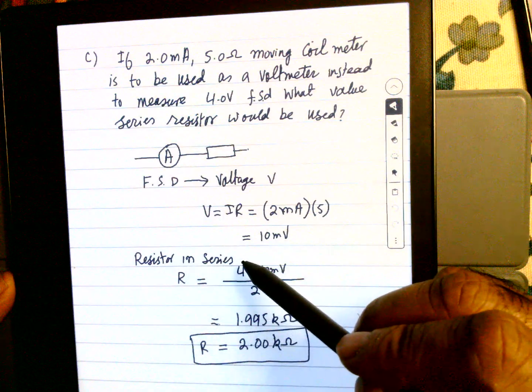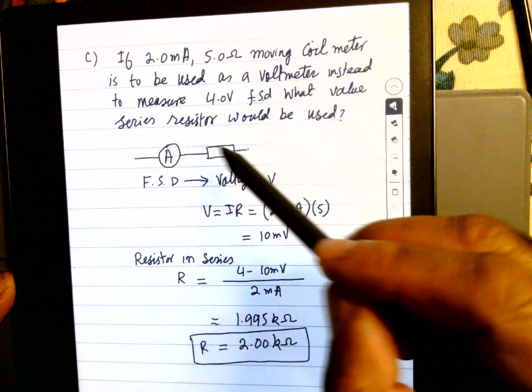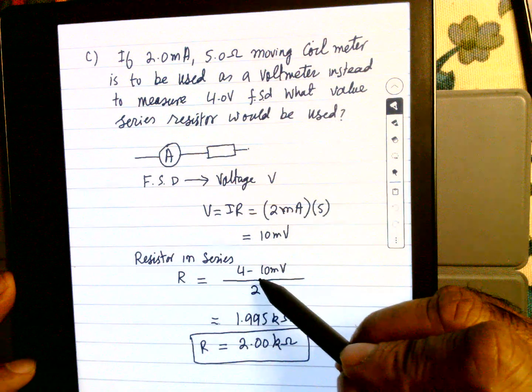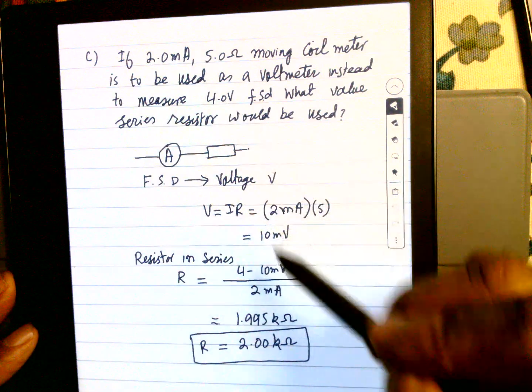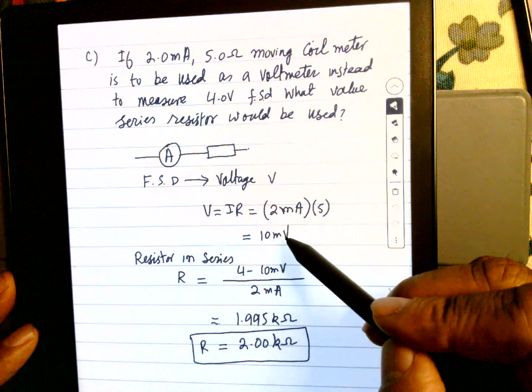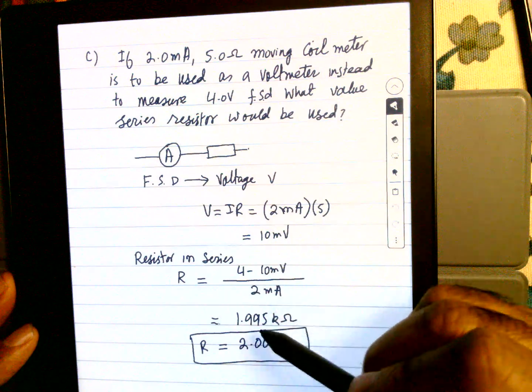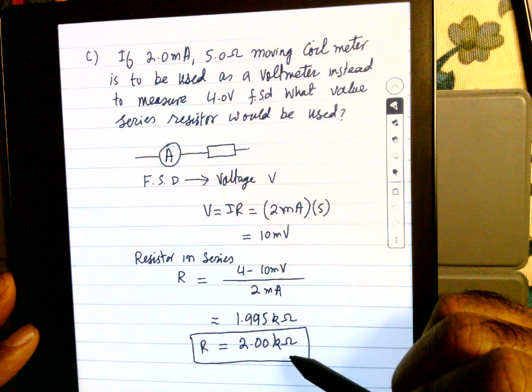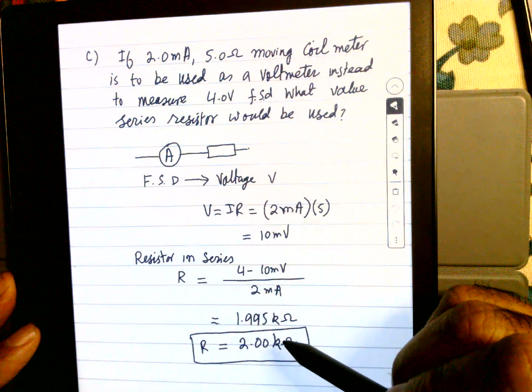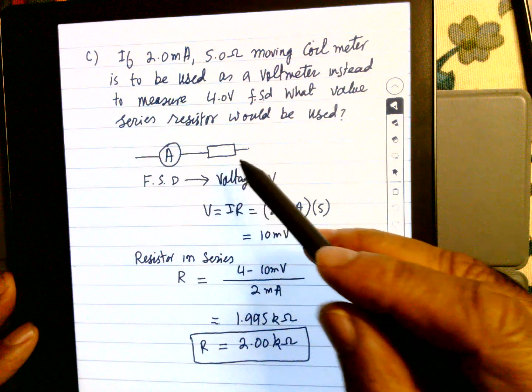So the resistor in series will be 4 volt minus 10 millivolt divided by the full current, which is 2 milliamp. So this is equal to nearly 2 kilo ohm. So this will be a very large resistor in series.